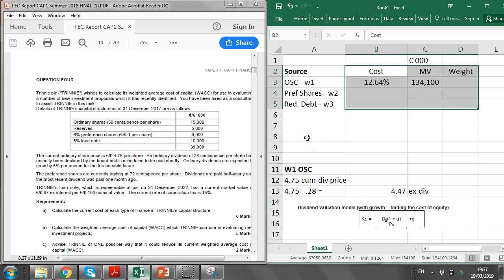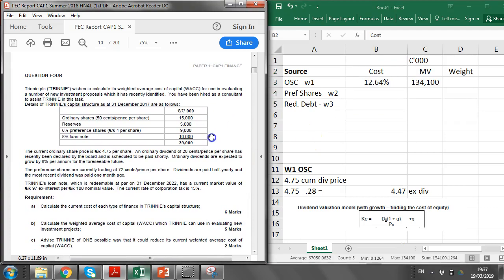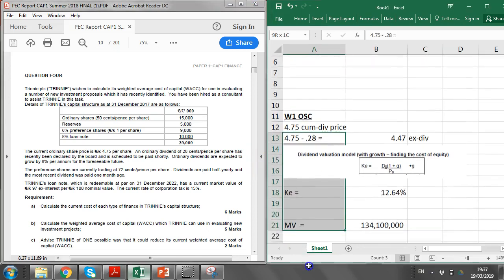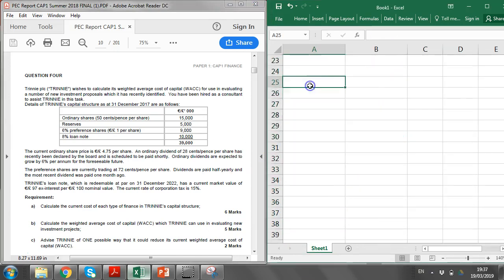Now let's do our preference shares. Preference shares you assume are irredeemable unless told otherwise. And we're told here they're currently trading at 72 cents. Dividends are paid half yearly, and the most recent dividend was paid 1 month ago. So in your mind, that 72 cents is X div. It's recently been paid, so it's not included in the price.